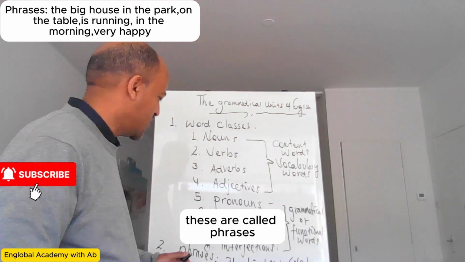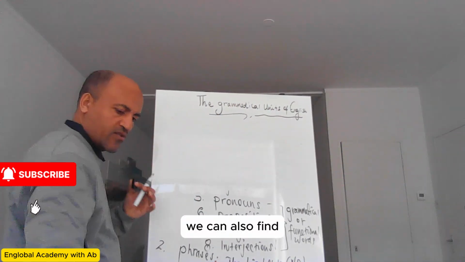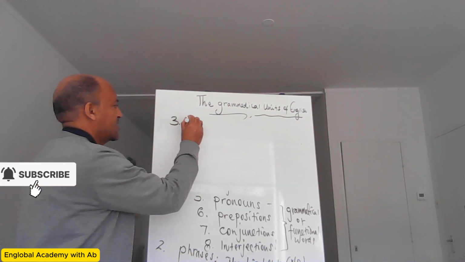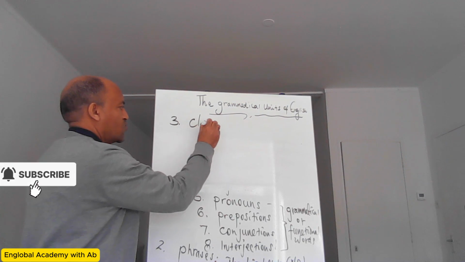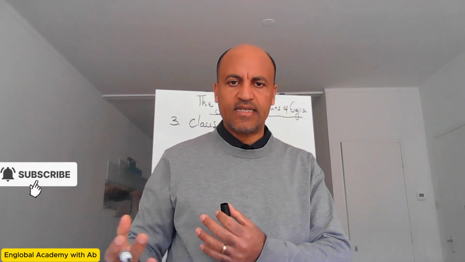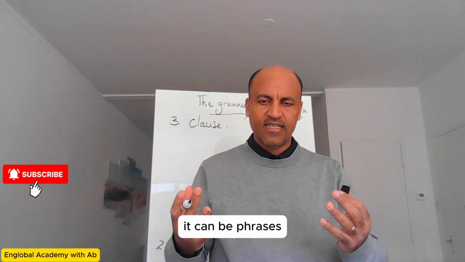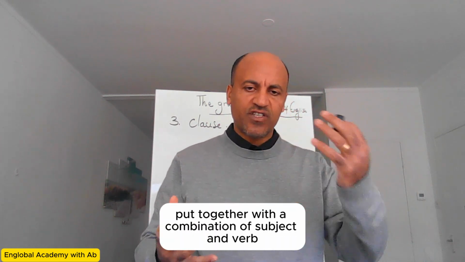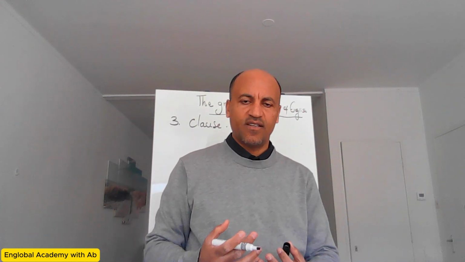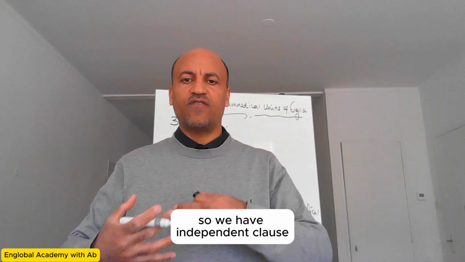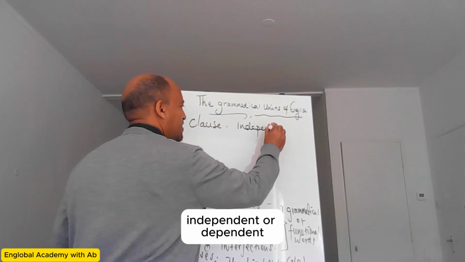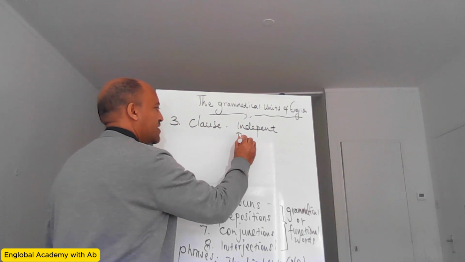These are called phrases. The third grammatical element is the clause. Yes, clause, grammatically related words. It can be phrases put together with a combination of subject and verb, then that could be a clause. So we have independent or dependent clauses.